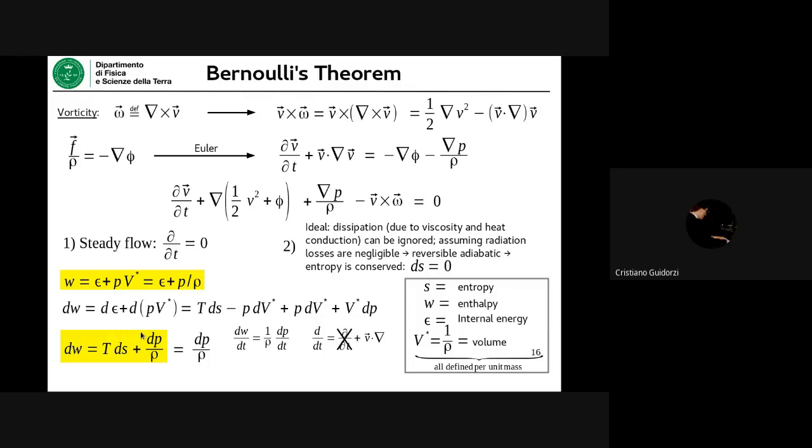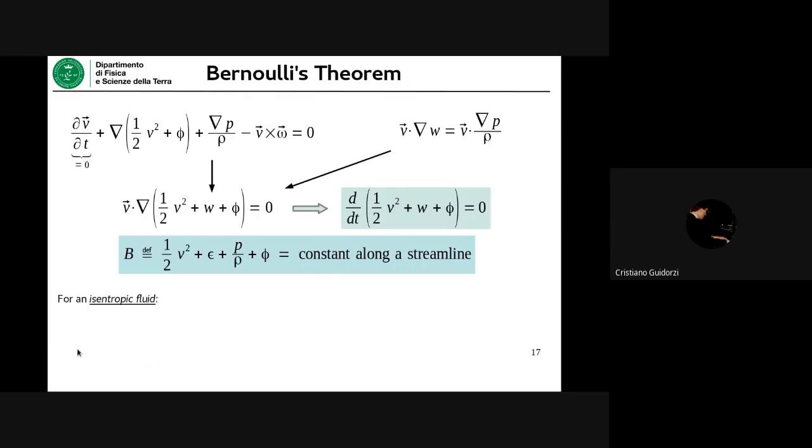So if you make it explicit, the change in enthalpy when you move along space is just its gradient times dr. There is no temporal change. We are in the steady flow case. So the only change possible is if you move, for example, by a small displacement dr. Then the change of the function is just the gradient of the function, scalar, the small displacement. So the same holds also for the other two quantities.